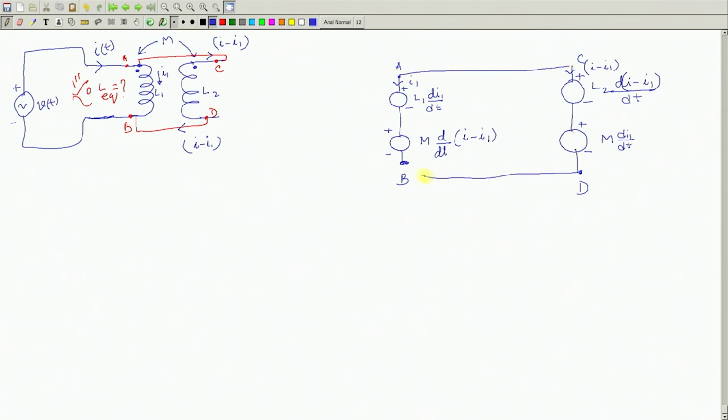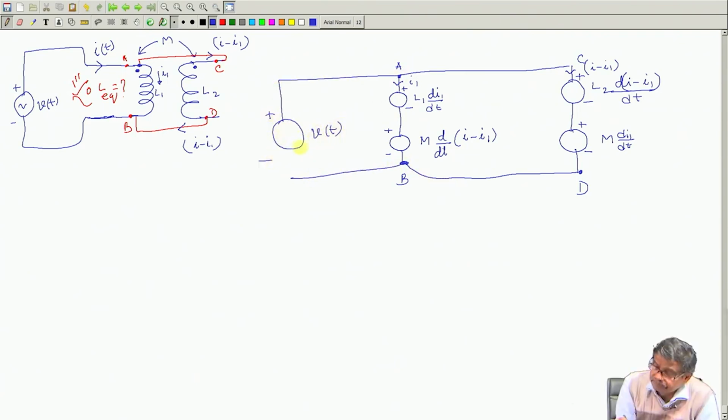Now, I draw this circuit, this is parallel connected, and here is a voltage source Vt, and this current I called It. So, It, I1, then this is I minus I1, the current in the second coil.